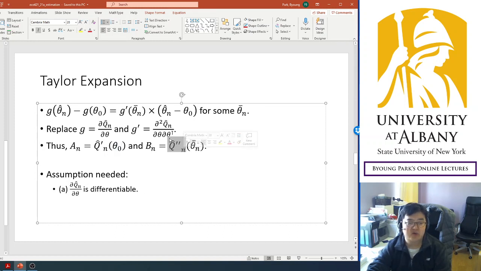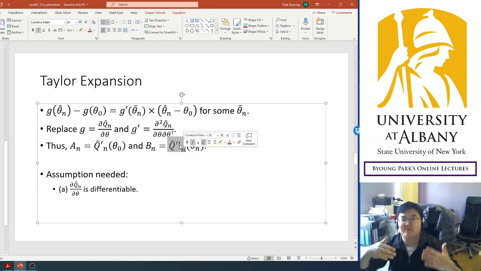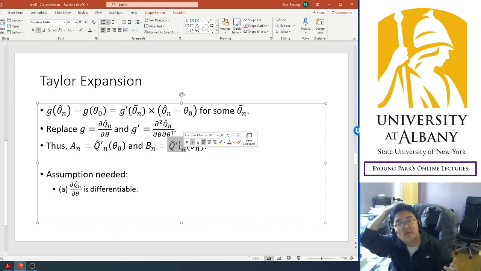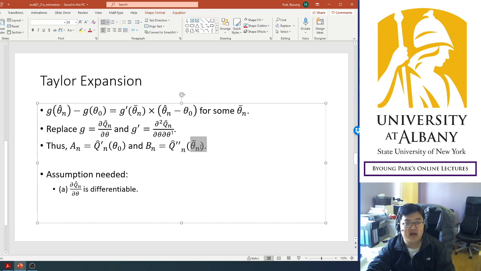n in it. So the criterion function may change if you increase the sample size. If you have different data, then your estimated criterion function will be different. At the same time, if you have different data, then theta hat will be different, and then theta bar will be different.